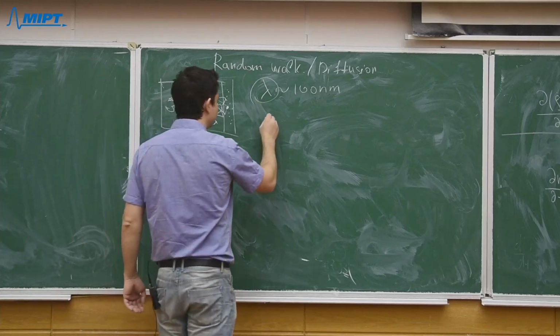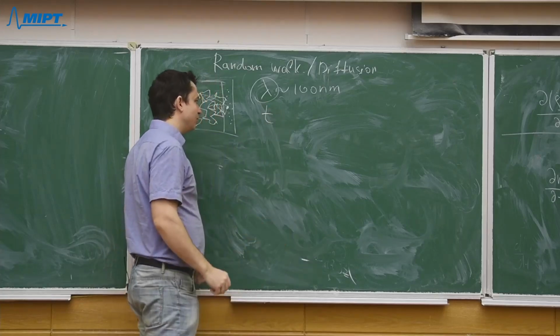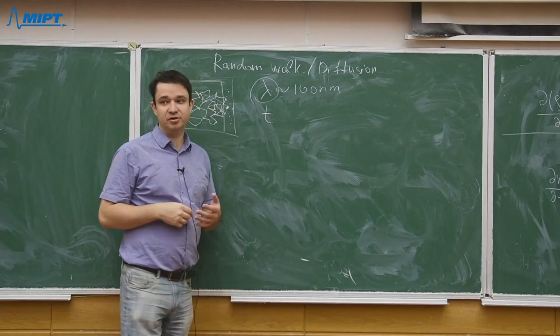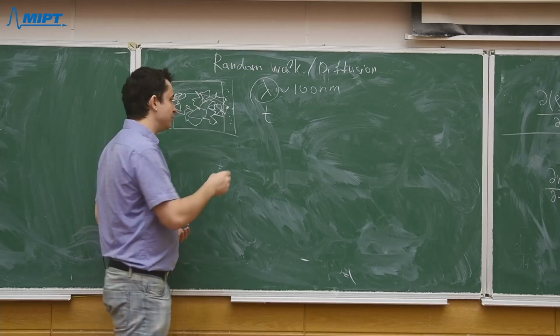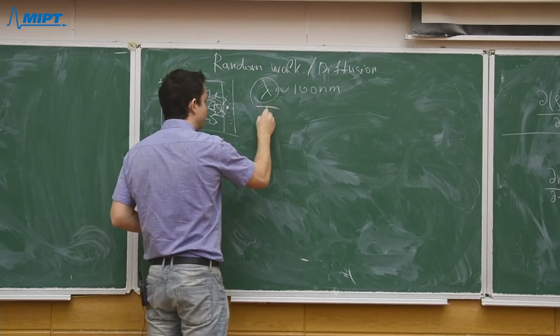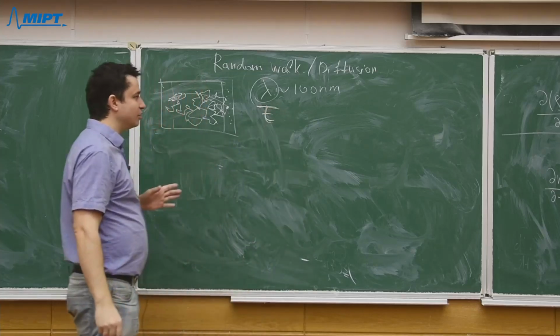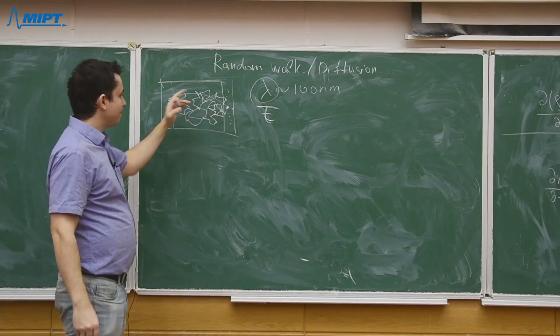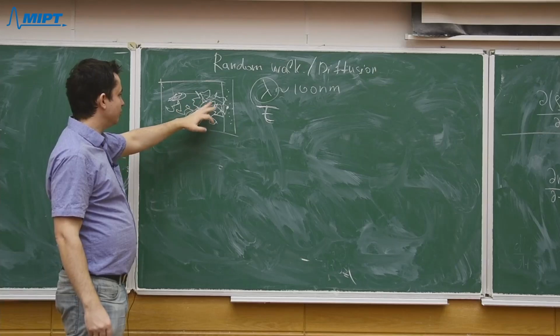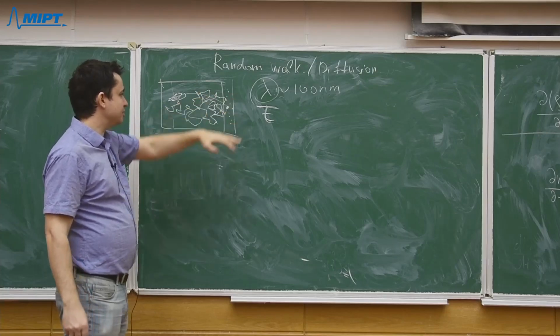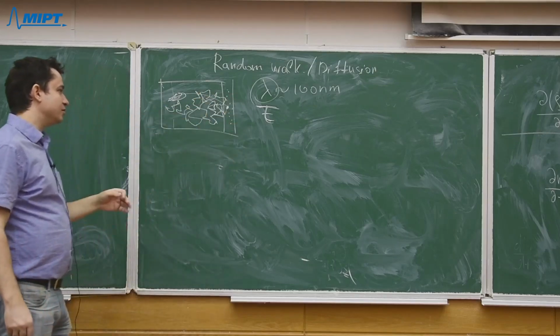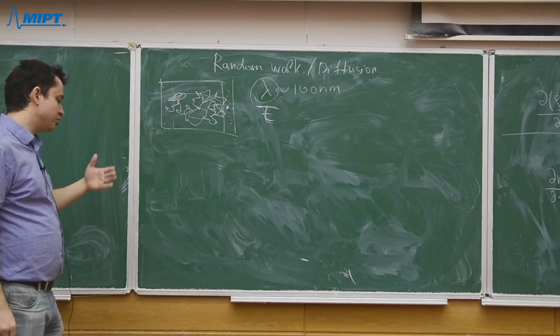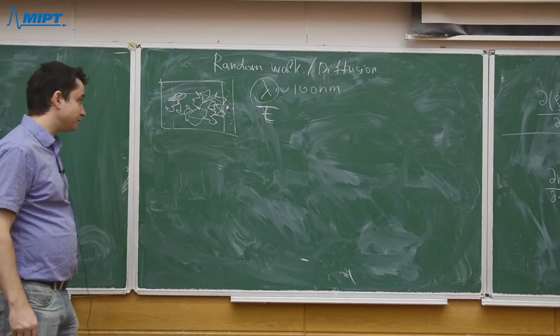Secondly, we are going to assume that the time between collisions is also fixed. So I'm going to say that over time tau, exactly one collision happens. So this molecule moves over time tau by this distance lambda, and so we can consider its motion as a sequence of steps.